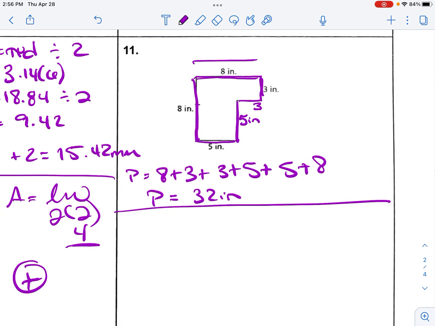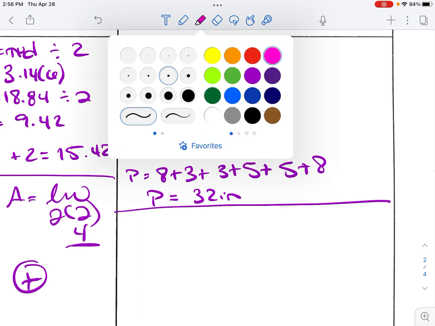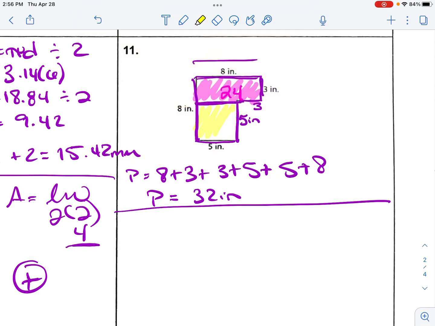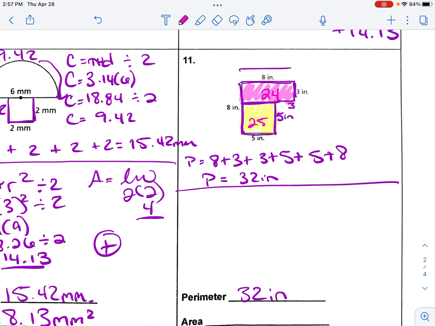Okay, I'm going to divide this shape here. This is an 8 by 3, or 24 square inches. And this is a 5 by 5, or 25 square inches.